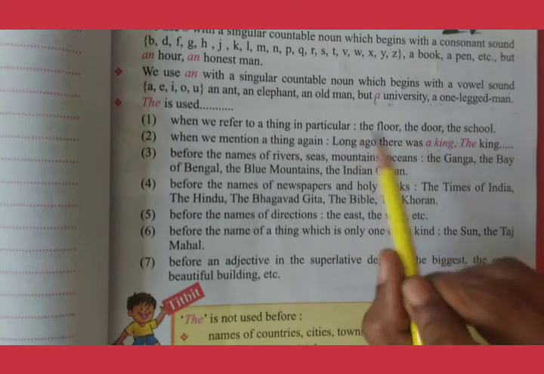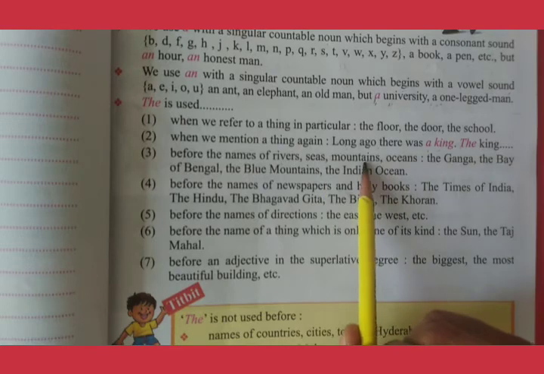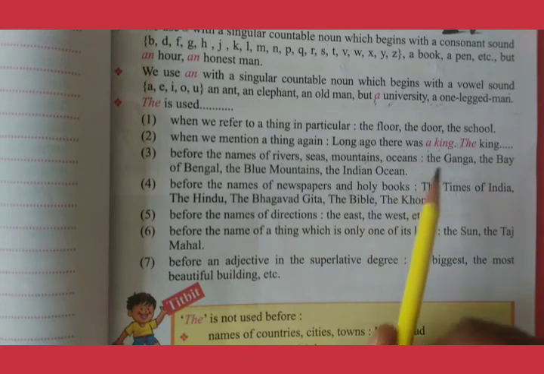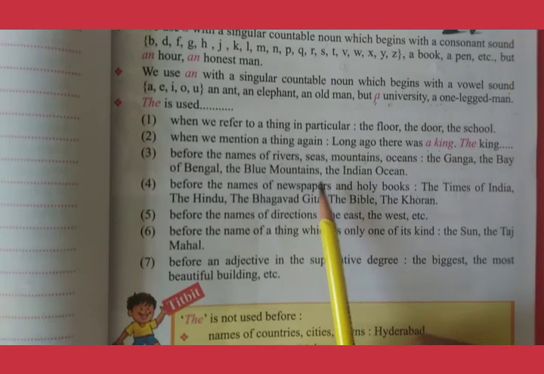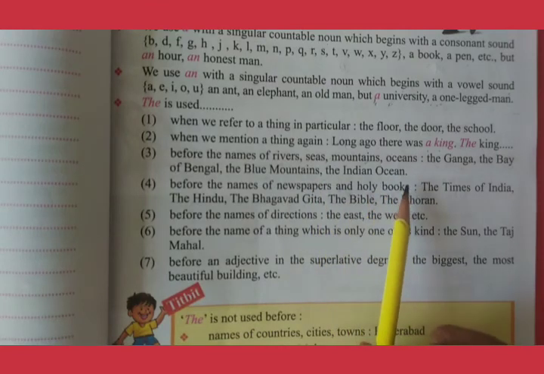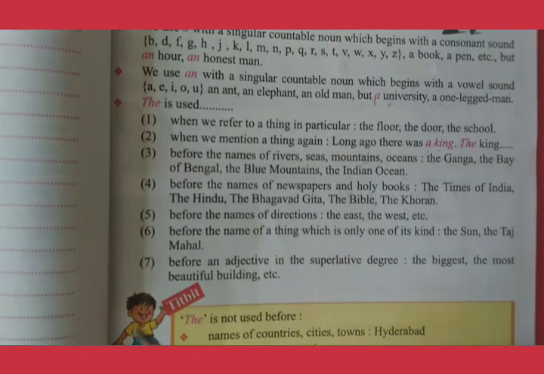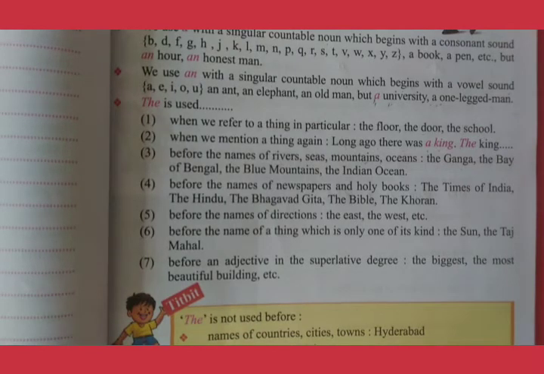Before the names of rivers, seas, mountains and oceans, we use the. For example, the Ganga, the Bay of Bengal, the Blue Mountains, the Indian Ocean. Before the names of newspapers and holy books, we also use the: the Times of India, the Bhagavad Gita, the Bible, the Quran.